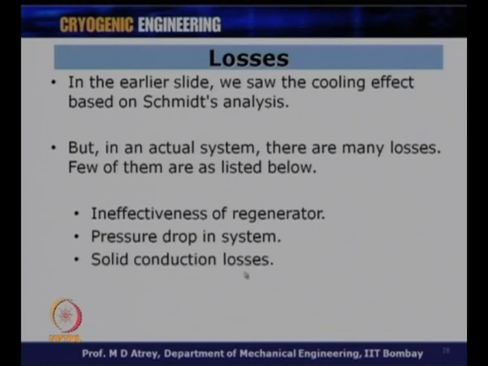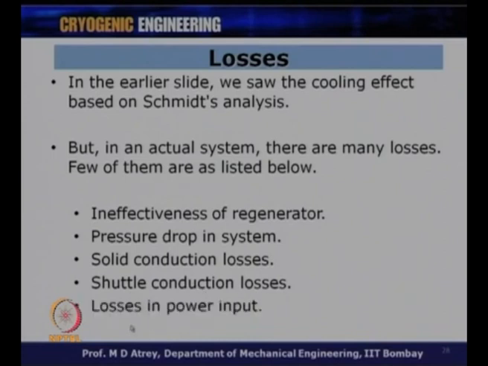We get solid conduction because of the high and low temperature across the solid members in the system. We get shuttle conduction because of the up and down motion of the displacer, and losses in power input because of mechanical efficiency. All these losses have to be taken into account to get the net cooling effect available from the system, the net power required to be given to the system, and therefore a net COP of the system.